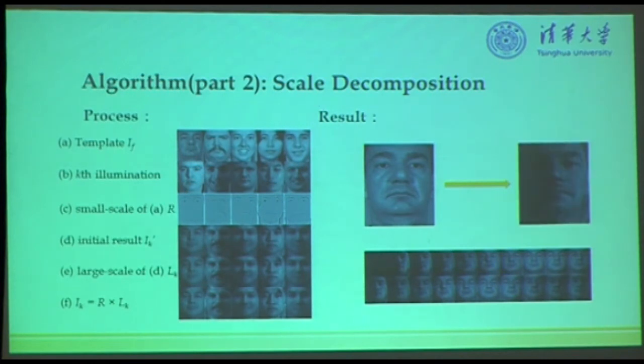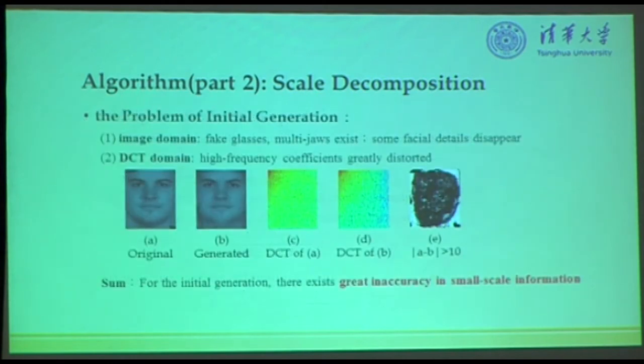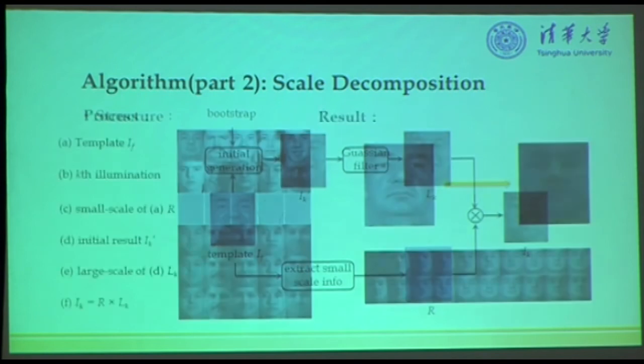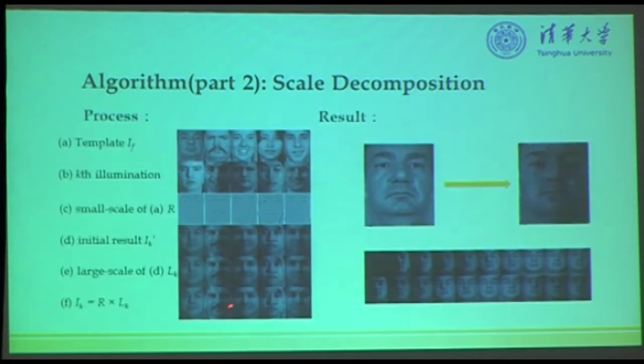We can see from line F that the final result has more details and more identification information than line D. And the generated illumination is more realistic. You can see the shadows beside the nose.